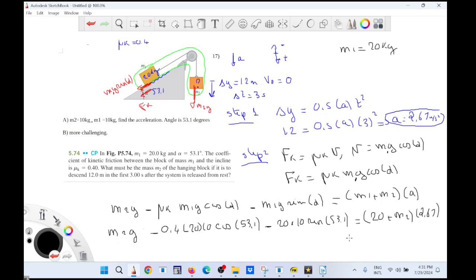This is just an equation and you need to solve for M2.